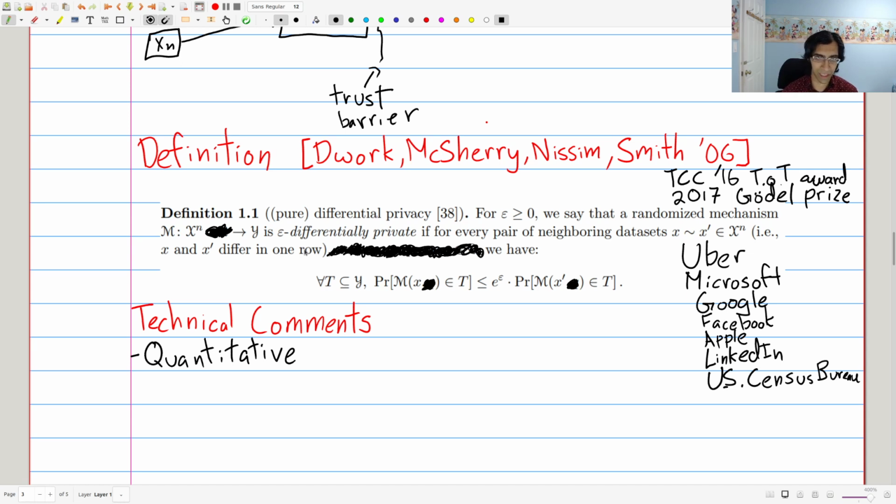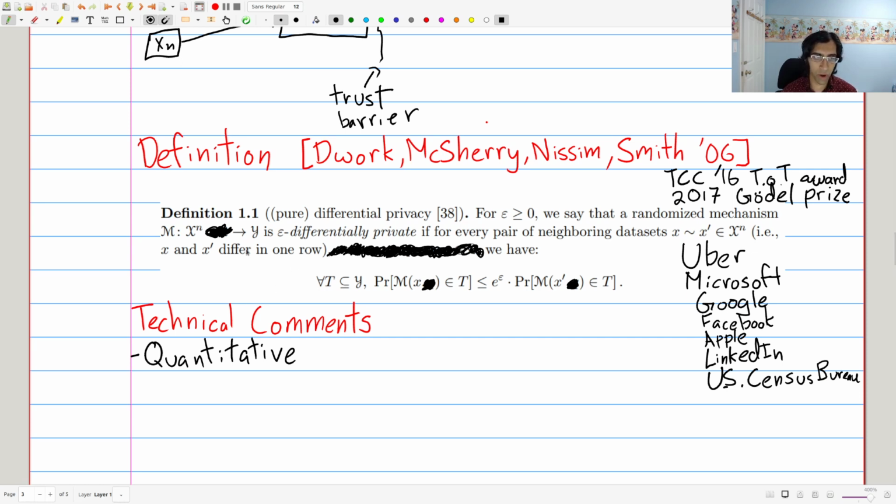You won't be able to get anything useful out of it. If you just look at the definition, you'll see that essentially the distribution under all data sets has to be exactly the same. On the other hand, every algorithm you studied before this course is infinity differentially private, in the sense that it just degrades to having no privacy guarantee.